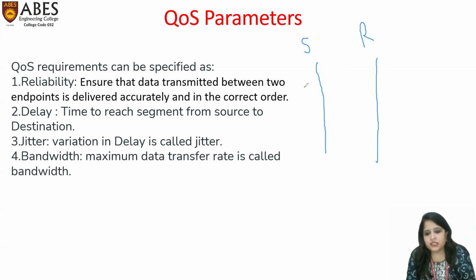Suppose on the sender side, we send a segment 1 from sender to receiver, right? And then the sender will wait a certain amount of time, that is called a timer. Before the timer ends, if the receiver sends an acknowledgement, meaning the sender sent a segment and after that the sender receives the acknowledgement, that is reliability.